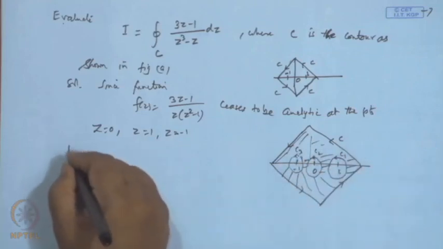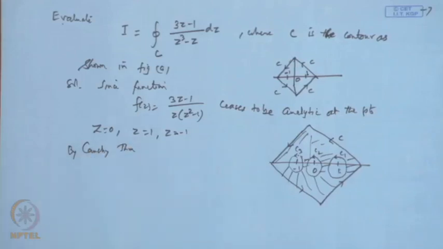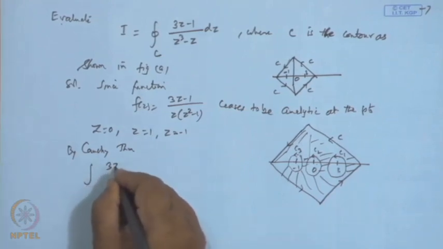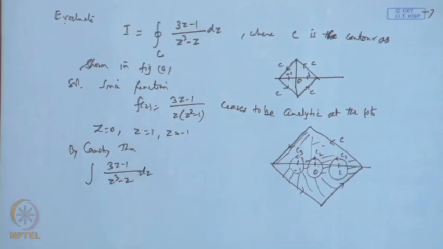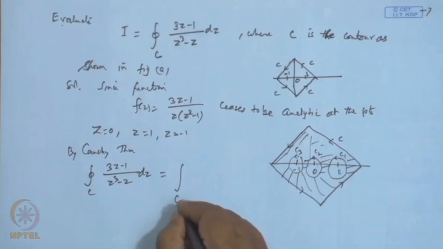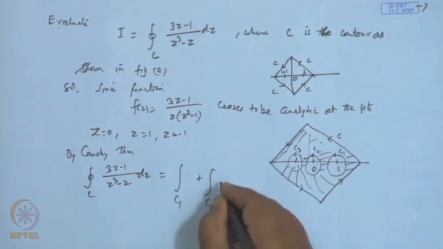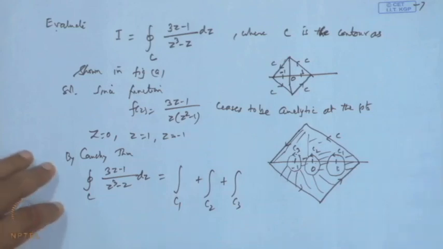So, by Cauchy theorem, the value of the integral of this function dz along the path C is the same as the value of the integral along C1 plus the value along C2 plus the value along C3, is it not? Now, let us compute C1, C2, C3 separately.